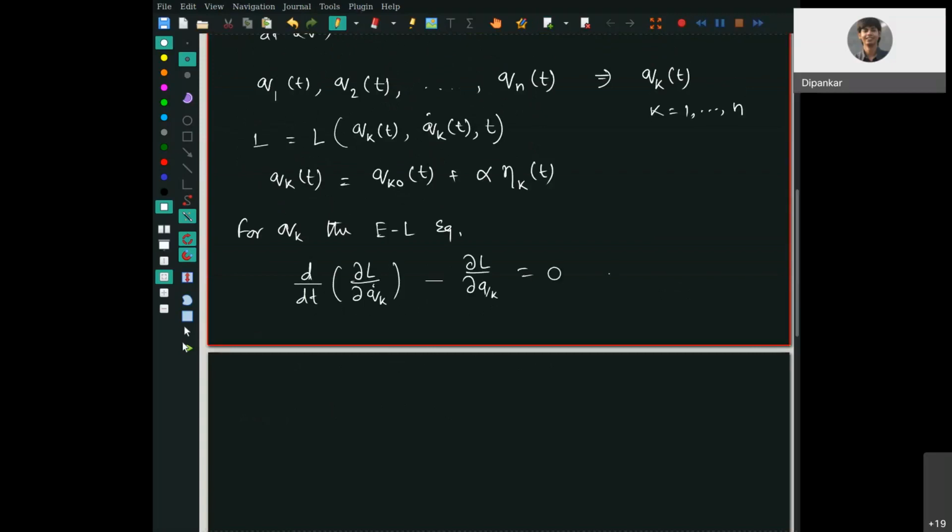There would be n such equations, valid for k equals 1 up to n. So there would be n Euler-Lagrange equations, and this is the equation for qk. This is one particular equation for qk, and there are more such equations. This is a straightforward generalization. I hope you can figure it out.